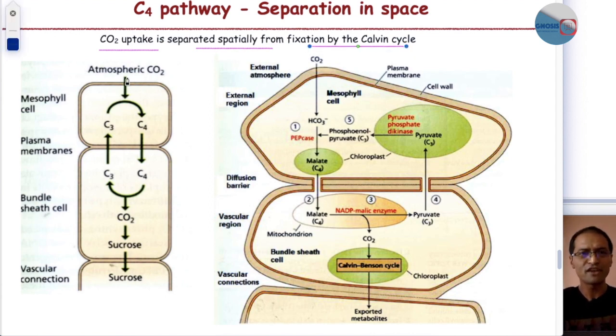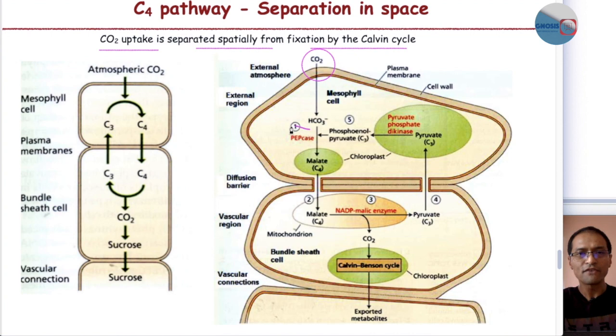So the atmospheric carbon dioxide enters into the mesophyll cells, and when it enters into the mesophyll cells, this carbon dioxide is not fixed by Rubisco, but rather it is fixed by phosphoenol pyruvate carboxylase.